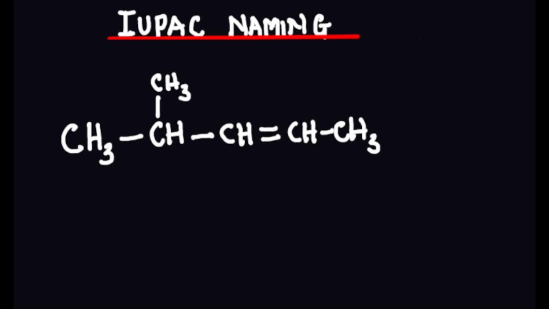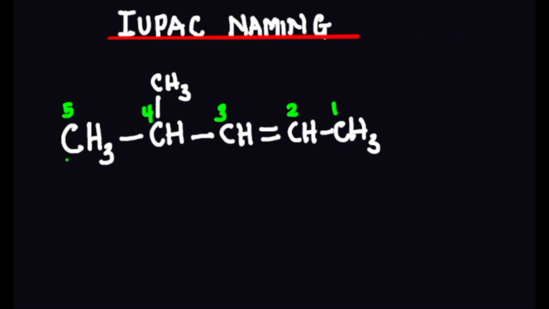So let's take a look at this compound that we have. If you look at this very well, we have a double bond here, but we just have to consider the longest carbon chain first. So we're going to have 1, 2, 3, 4, and 5. Carbons 4 and 5 are at the same time, so I just have to take one of them as a substituent.